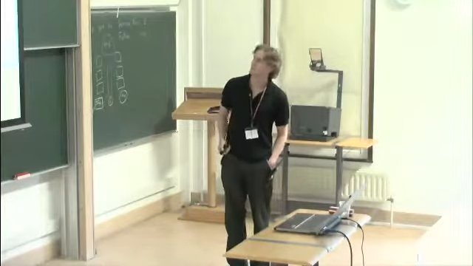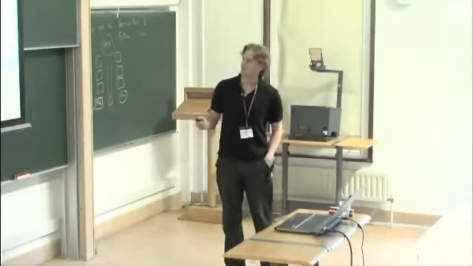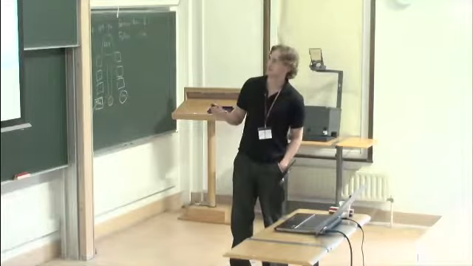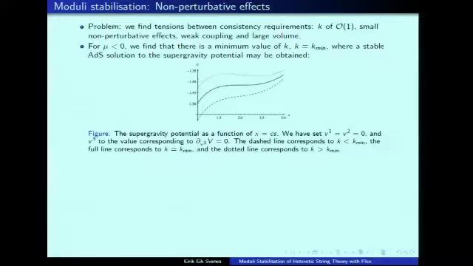For mu less than 0, however, we see that if K is chosen to be large enough, that is K at K min, you get the following. This plot is for K less than K min, this is for K at K min, and the dotted one is for K more than K min. And you see that above K equals K min, you can in fact stabilize all moduli.